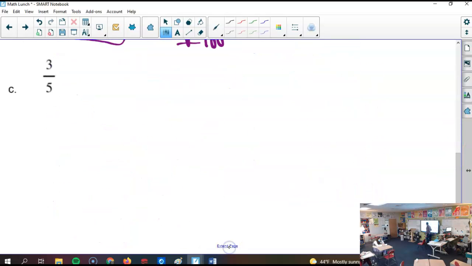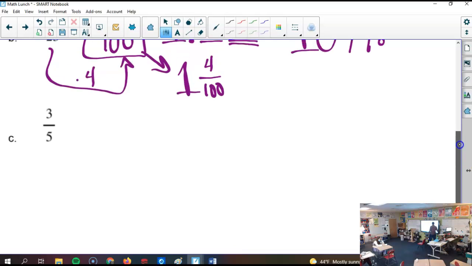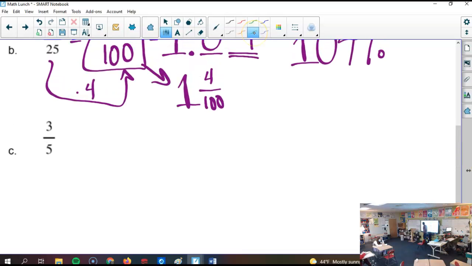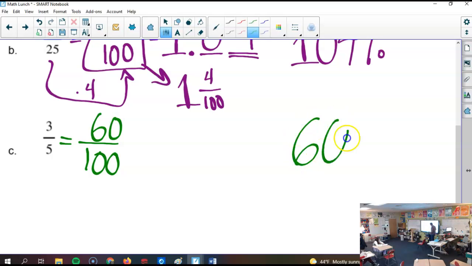If we look at C, this one feels slightly not so bad because 5 can turn into a 10. But here's the thing, don't fall into the trap. This is not 6%. Is it 60, because I need to get 100 on bottom. So if we do that, we have 60 over 100.